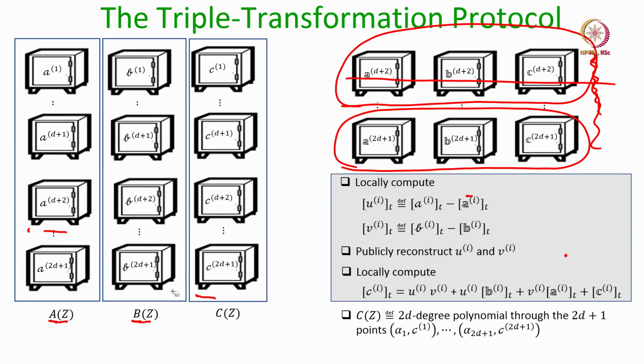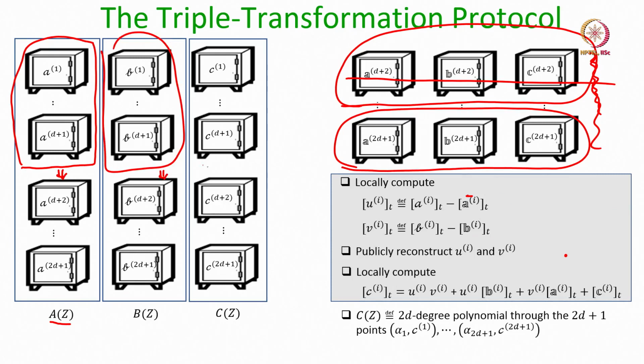You can see the process of defining the C polynomial is different from the process of defining the A and B polynomials. For defining the A and B polynomial, we do not need any interaction whatsoever. First fix the d plus 1 points and extend them non-interactively to get the remaining points. Do the same thing for the B polynomial.